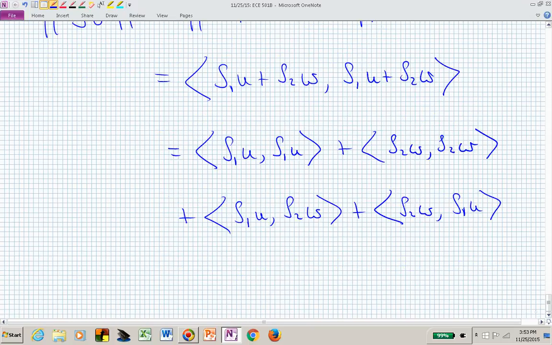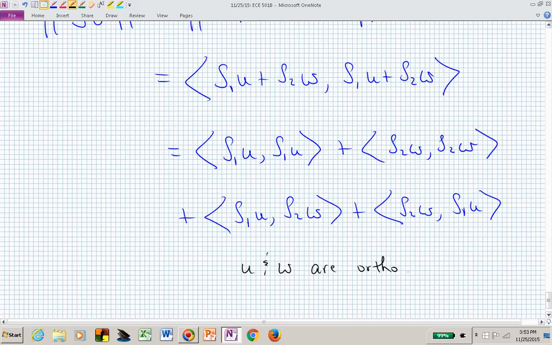But remember what S1 and S2 were doing and what U and W were relative to V. U and W are orthonormal. Or maybe I should just say orthogonal, because those could be scaled amounts.